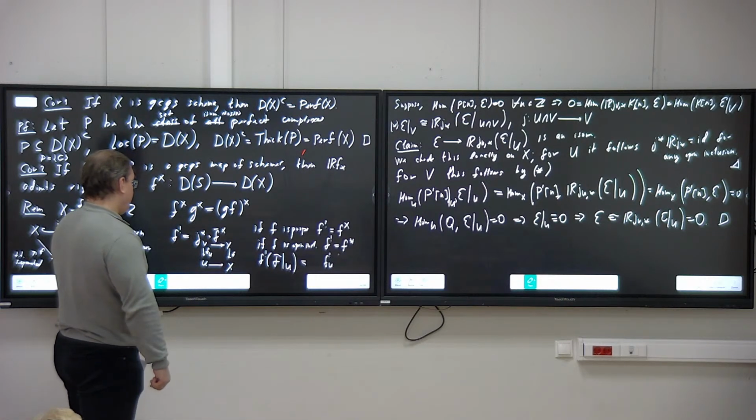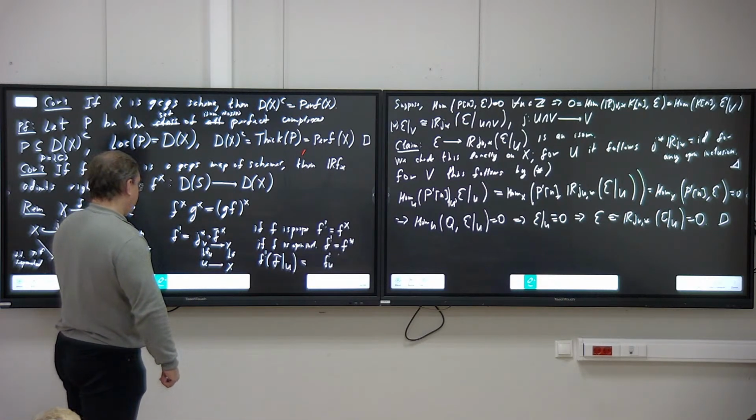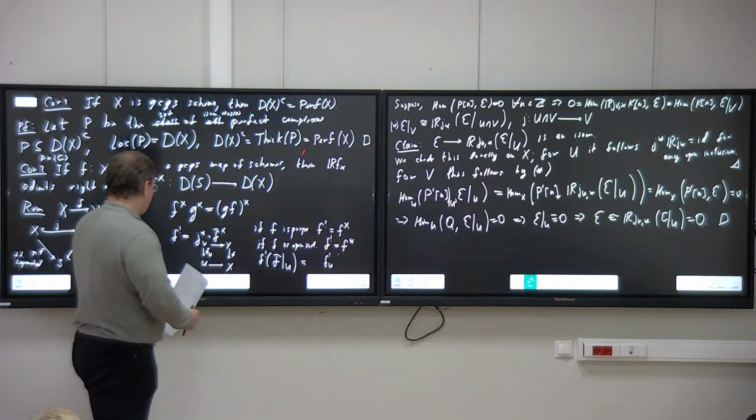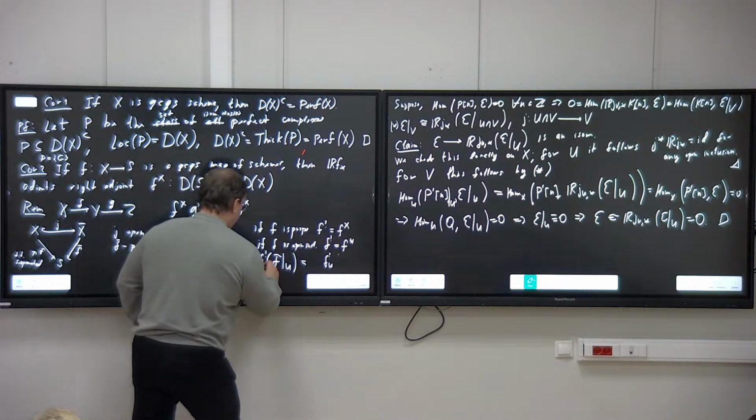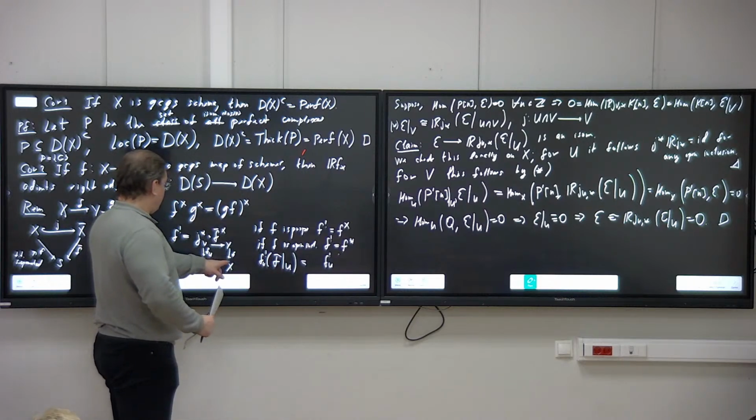And then there is the base change. I can do it like this: I first restrict, and then this is f_U upper shriek. Or I can do it like this.